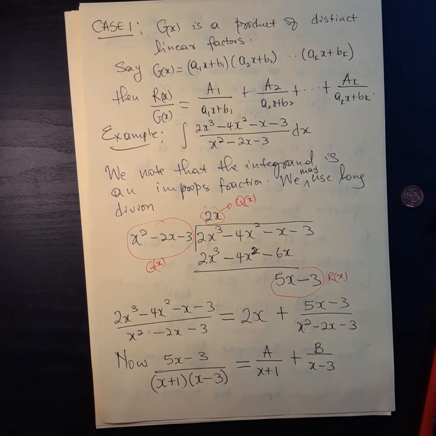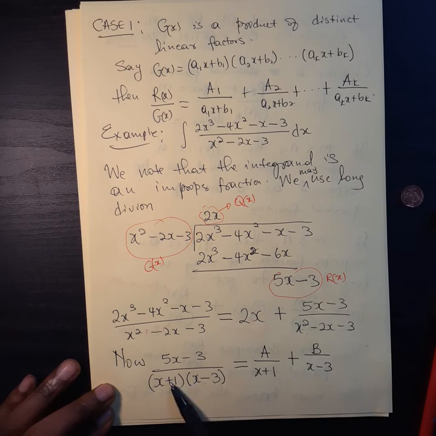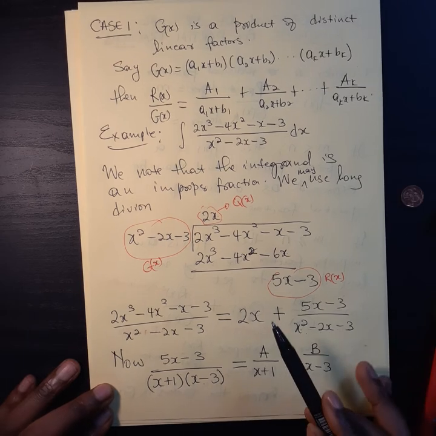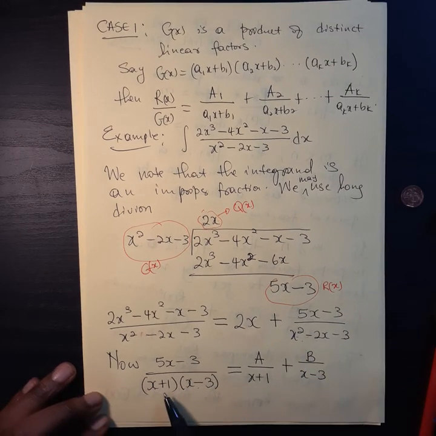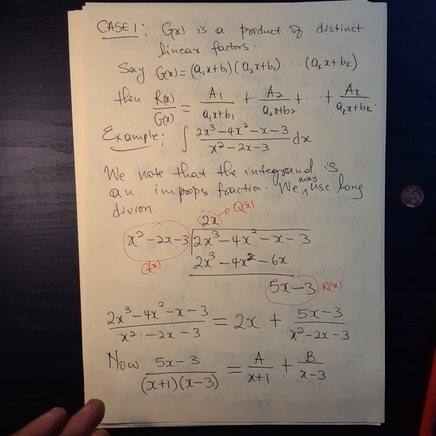Now maybe I should explain something. You may note the way I wrote these factors here. I started with x plus 1, then x minus 3. Then some people may ask, what if we start with x minus 3 followed by x plus 1? It's still okay, but the reason why we start with the positive, then the negative, is that on the number line, negative numbers are found on the left of 0, and positive numbers are found on the right hand side.